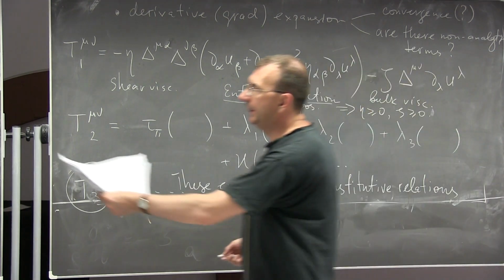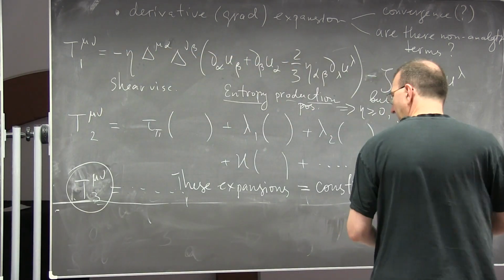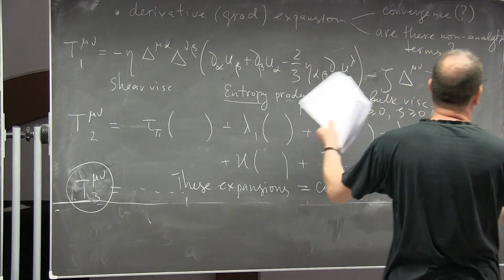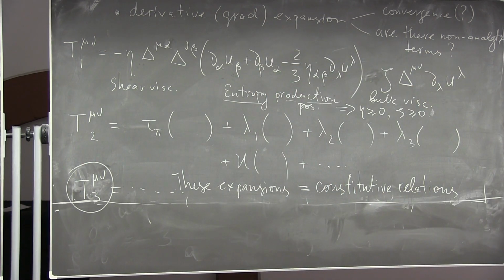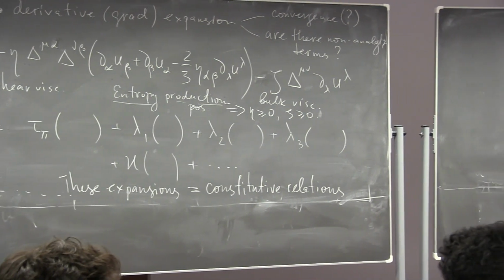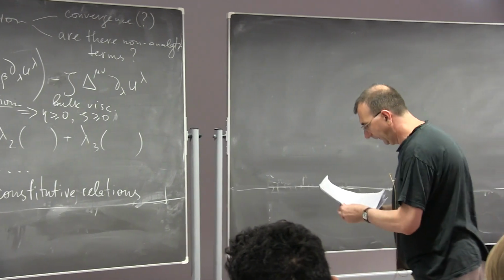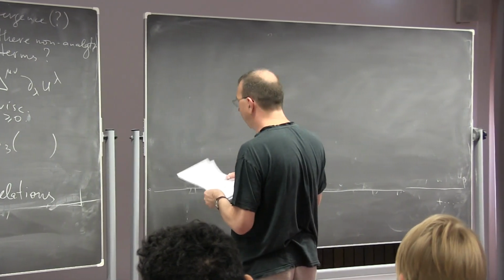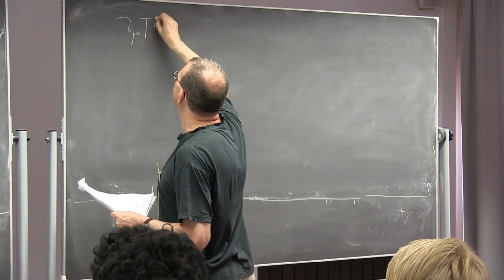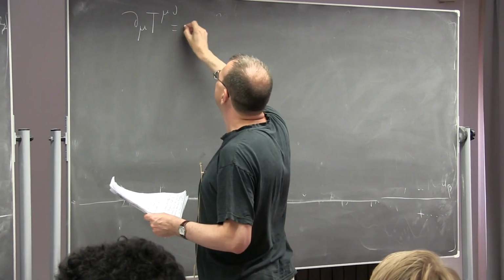Remember that T mu nu is conserved, so now you have two equations: one is the equation of conservation, and the second is the constitutive relation. You combine the two, so you take the divergence of T mu nu, or in curved spacetime nabla mu T mu nu, equal to 0.